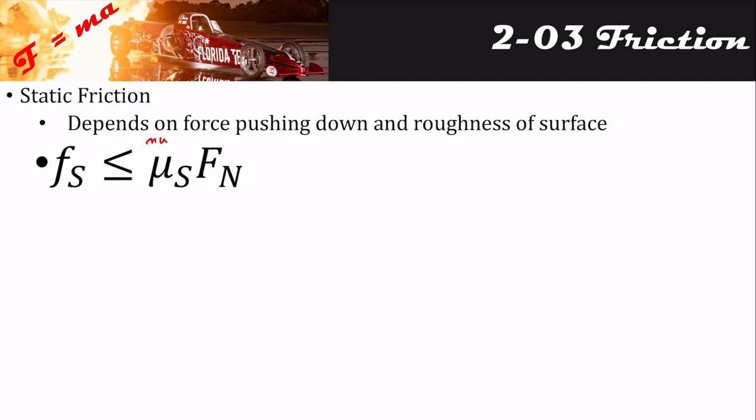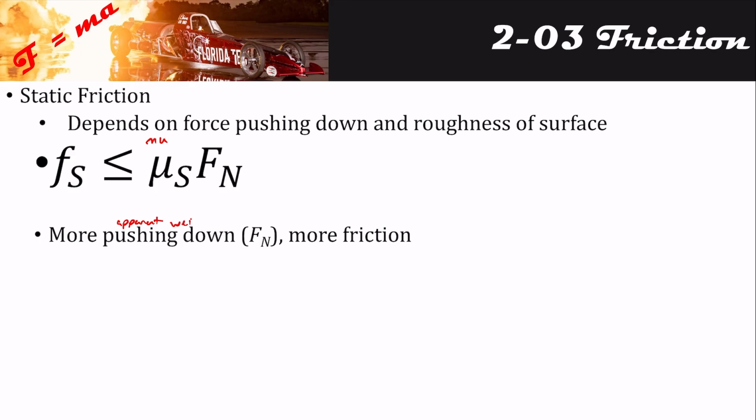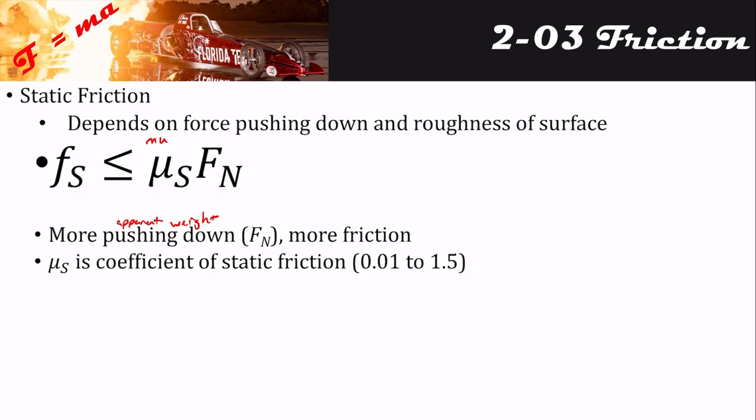All right, so what is all that? Well, the more pushing down, or the normal force, or if you'd like, the apparent weight, the more friction there is. And the mu s is the coefficient of static friction. It ranges between 0.01 to about 1.5 for really rough. 0.01 for smooth, 1.5 for really rough.